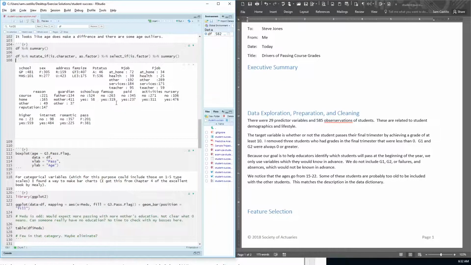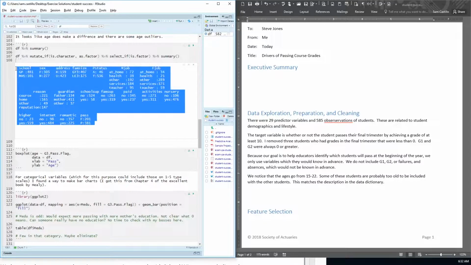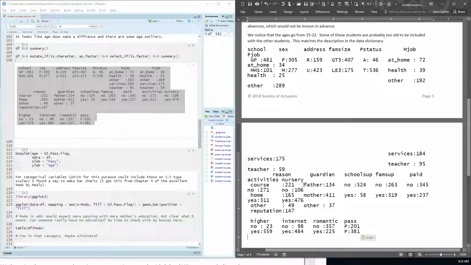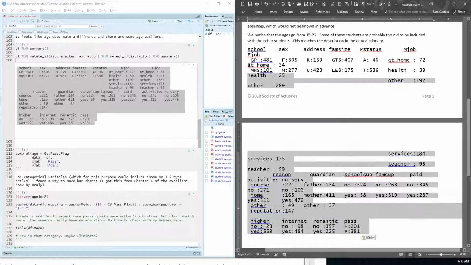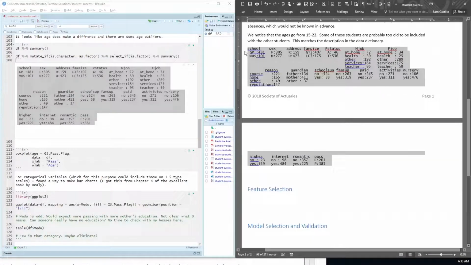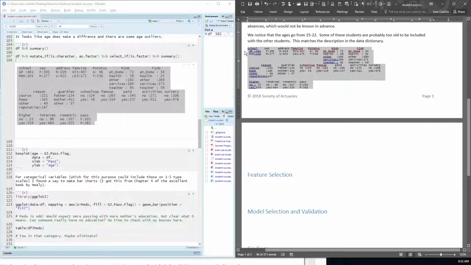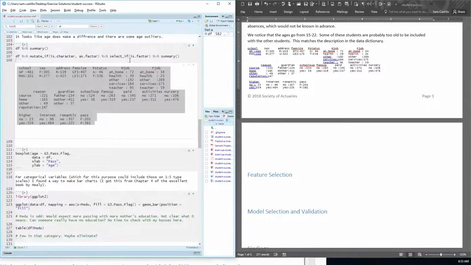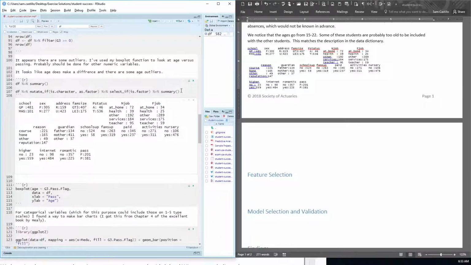Here we can see all of the levels for the factor variables. I'm using Control left bracket in order to adjust the font size. And let's do this for the numeric variables. Select if is numeric.